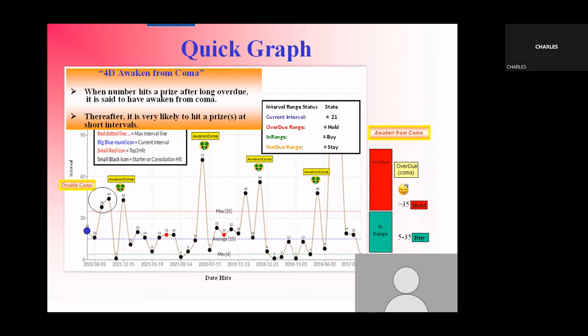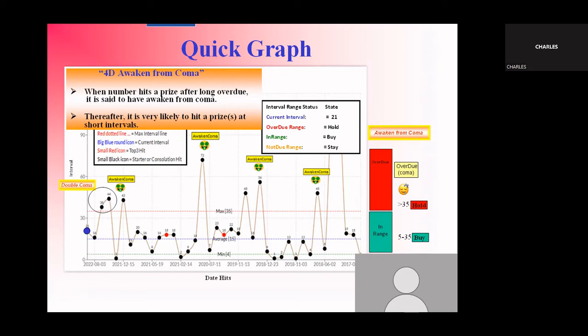So when we talk about a number awakening from coma, we have to look at the latest coma, no, not way back in history. It's just for your information. All right, just to give you an idea how many times this number awakened from coma. So the thing you look for is the latest coma, which in this case is down here. No, you see, there's a coma at interval 44.